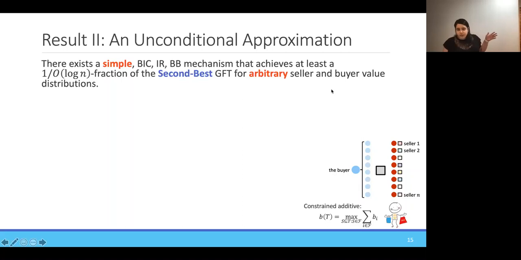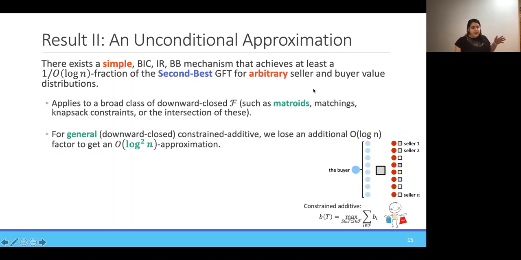Okay, so no longer is this an approximation dealing with r. And again, same types of constraints. This is again going to be exchangeable feasibility constraints. And here we also have general constrained additive, again losing a log factor.